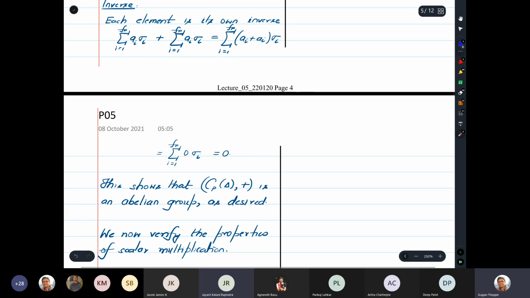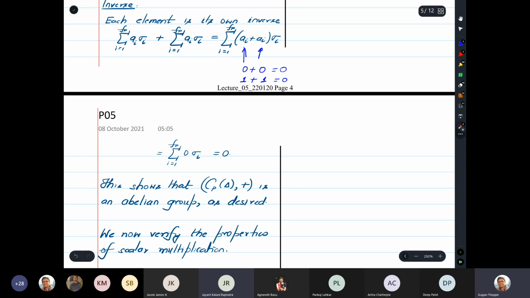Now I don't know what these ais are, but whatever they are, either ai could be 0, in which case ai plus ai will be 0 plus 0, and I hope you agree that we will end up with 0. Or alternatively these ais could be ones themselves, in which case I'm taking 1 and adding it to 1, and I hope you recall from the addition operation on Z2 that 1 plus 1 is also 0.